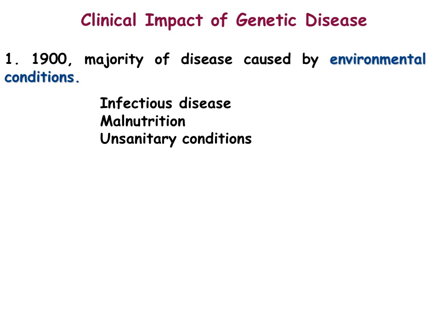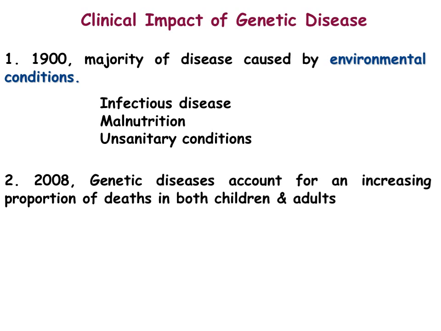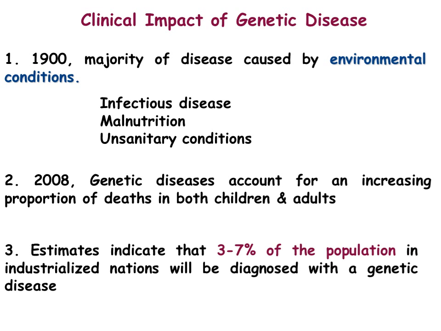We died of infection most of the time, or malnutrition, or unsanitary conditions which led to infection. In 2008, genetic diseases account for an increasing proportion. In fact, we now estimate that 3 to 7% of the population in the industrialized nations will be diagnosed with a genetic disease. Why? Because we now have the means of detecting them, whereas in the past we didn't.